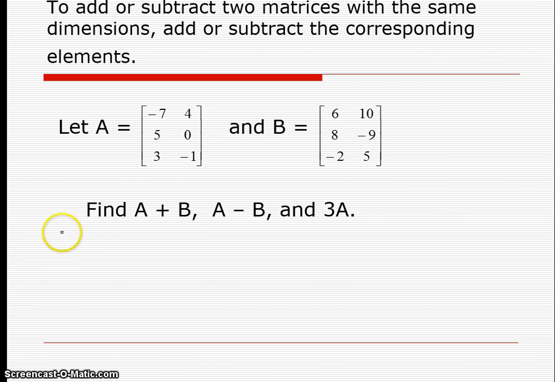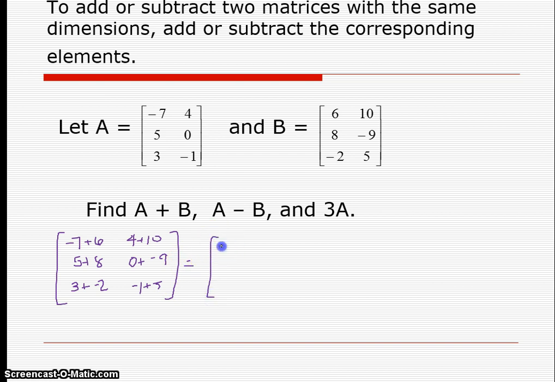So for A plus B, I'm going to do negative 7 plus 6, 4 plus 10, 5 plus 8, 0 plus negative 9, 3 plus negative 2, and negative 1 plus 5, so that I get negative 1, 14, 13, negative 9, 1, and 4. So that is A plus B.